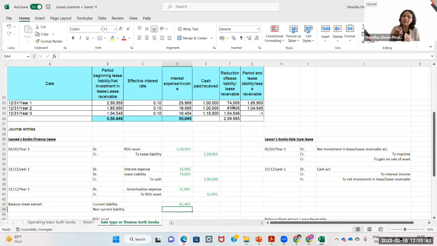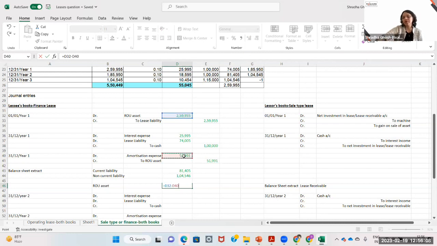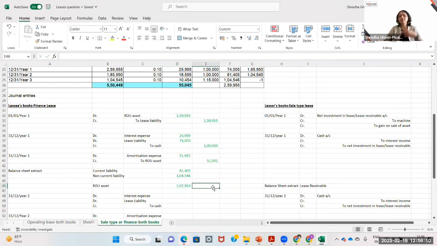The part of the liability that is due in the immediately next year, I'm going to classify as a current liability, and the part that is in excess will be treated like a long-term liability. Okay, and what is my ROU asset? My balance sheet ROU asset will become the entire 259 minus the amortization that I've already booked in my books. Is that clear? Anybody, any questions? Is that clear?